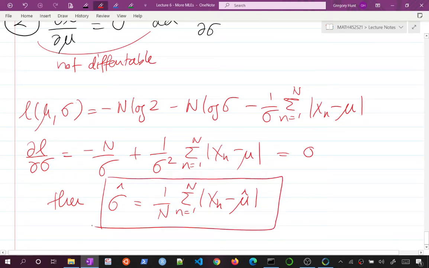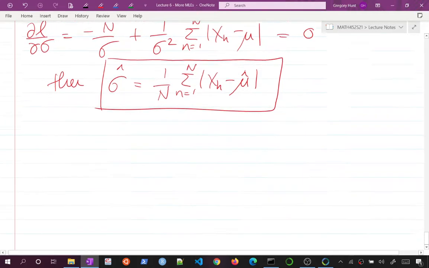Which is kind of cute, right? This is very much like a normal distribution, but instead of having squares, we have absolute values. So instead of sigma squared, we have sigma. Assuming I can find what mu hat is, the algebra just tells me that would be my sigma hat, which seems nice and reasonable.